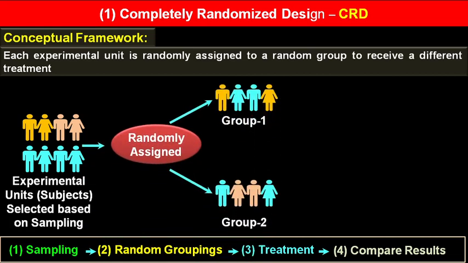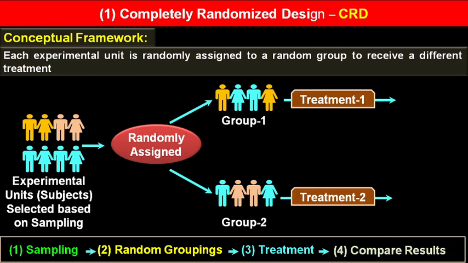Then we have randomly assigned them into group 1 and group 2. The second step is random grouping. So from the experimental units selected based on the sampling, we have done the grouping on a random basis into group 1 and group 2.